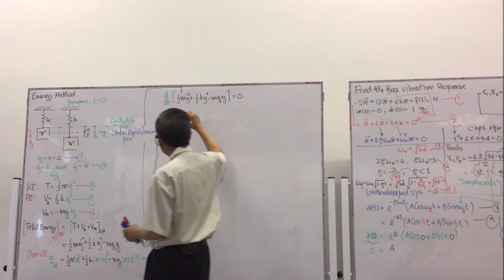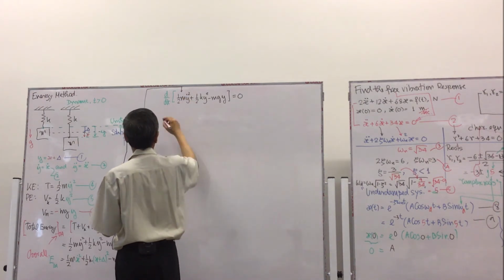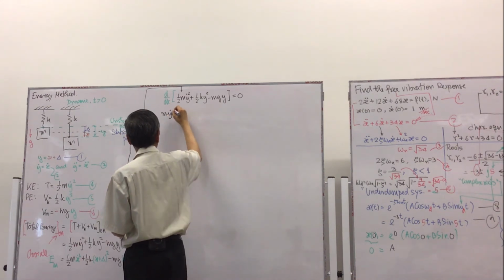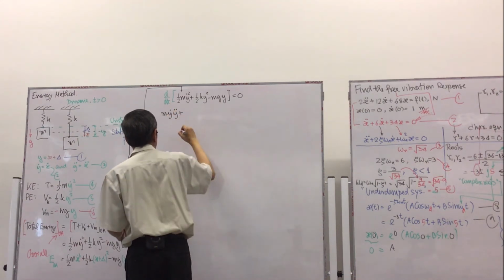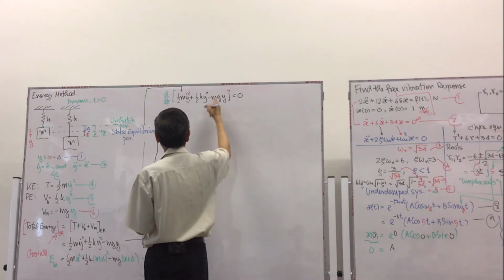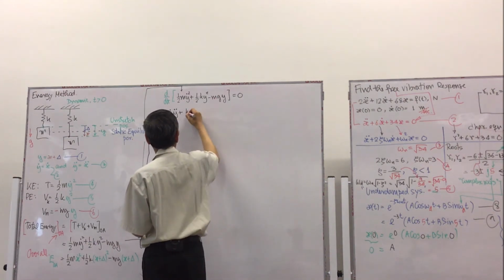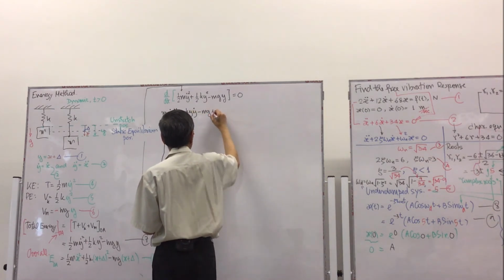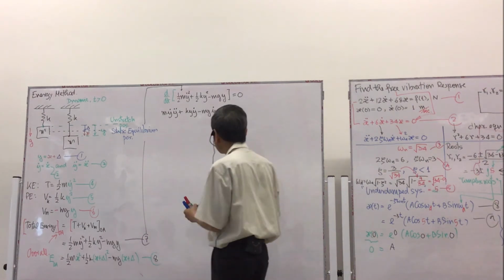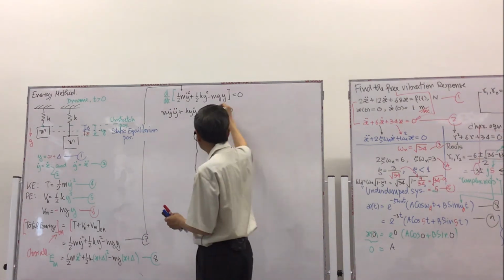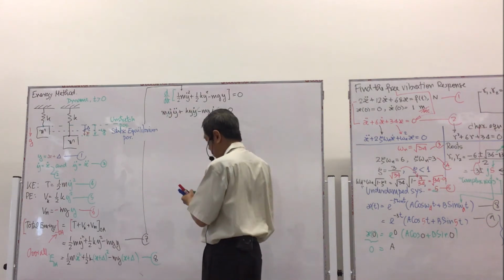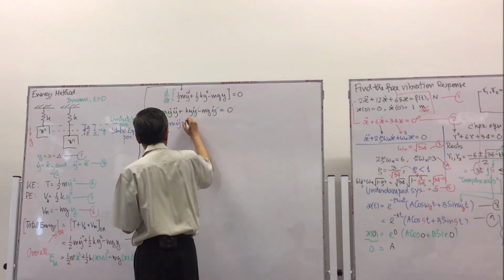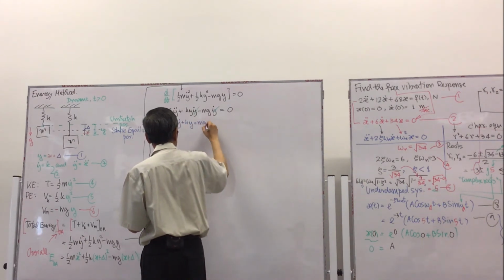Doing the same derivative as last week, we have m y dot, and the derivative of y dot becomes y double dot. The derivative of y squared is 2y, the 2s cancel, and we get k y y dot minus m g. The derivative of y is y dot, equal to 0. So y dot cancels, and now we have m y double dot plus k y equal to m g.